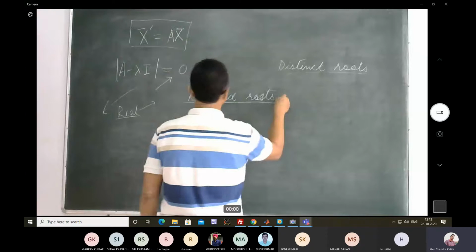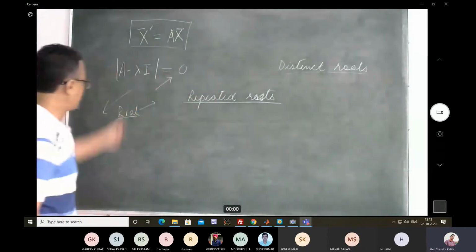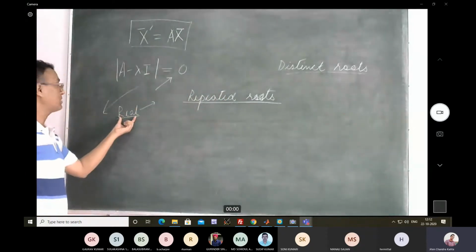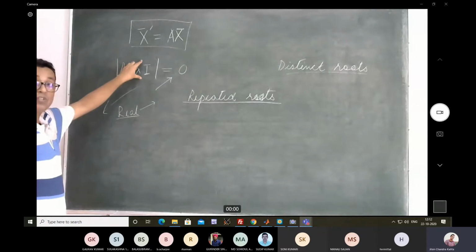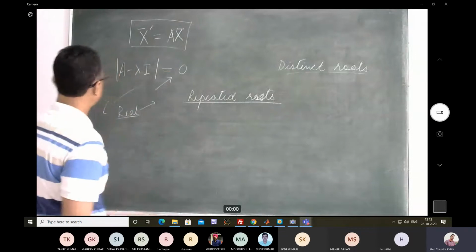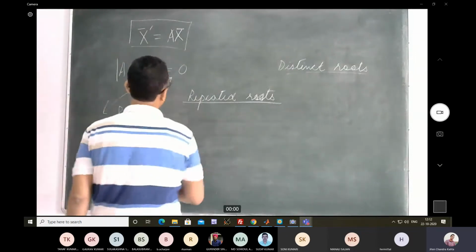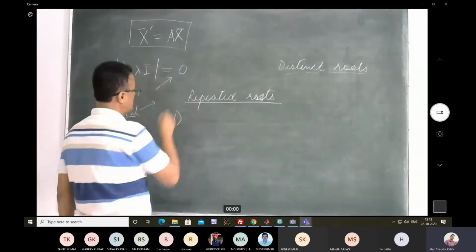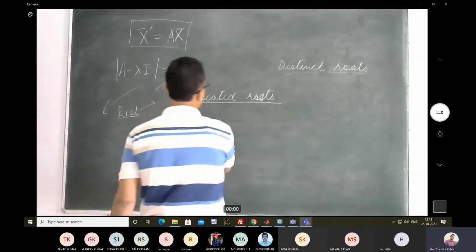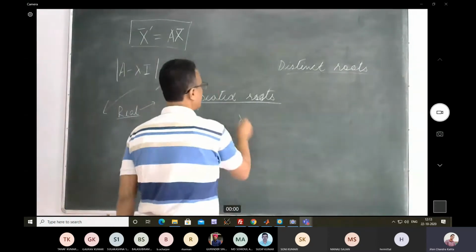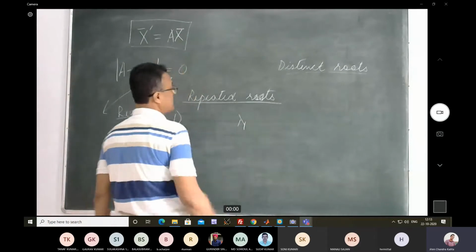Still now I'm in the real case, when the roots of the characteristic equation are real. When they are complex, I will move to that later on. So if we have a repeated root, we consider two cases. That means you are going to have some root λ1 of, say, multiplicity m.